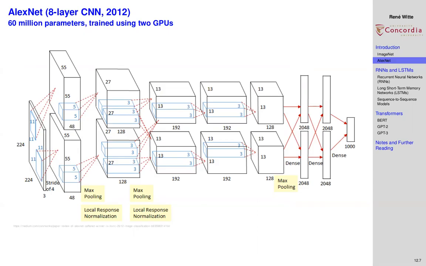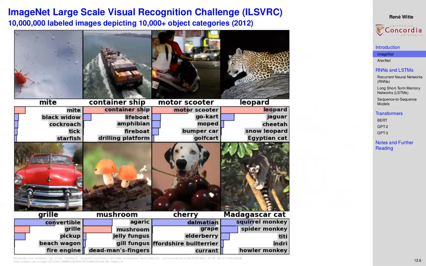AlexNet, named after the creator Alex, a PhD student at the time, who created this 8-layer convolutional neural network and trained it over a week or so, I think, on 2 GPUs. So this network has 60 million parameters. Took about a week to train, I think. You can see the publication in the link here.